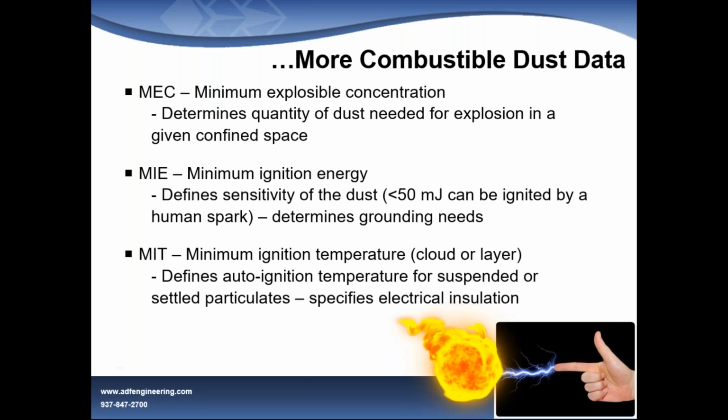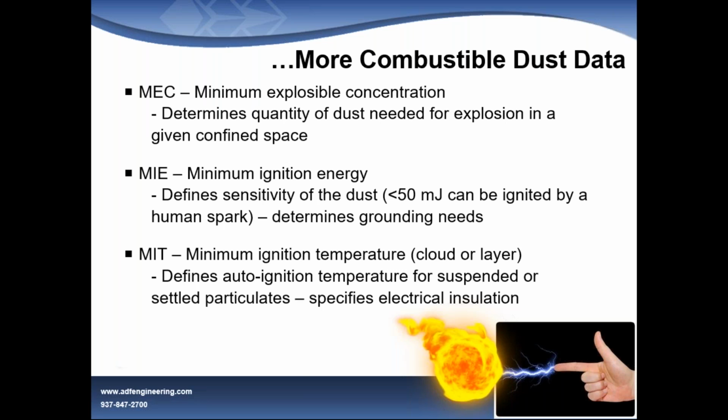Another one that I recommend, minimum ignition temperature. I generally always recommend this for a layer. The minimum ignition temperature for a dust layer determines the electrical insulation class, where you have to keep the surface of your motors and your lights below a certain temperature, or it could ignite the dust layer that can accumulate on it.